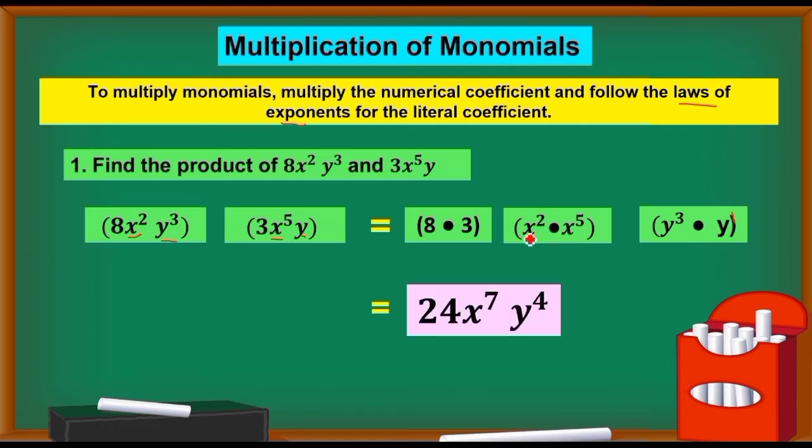And then, since parehas po na x, i-add nyo lang yung exponent, 2 plus 5 is 7. And then, 3 plus 1 is 4. So, the answer is 24x raised to 7 y raised to 4.